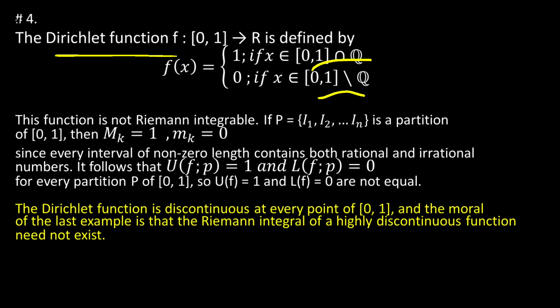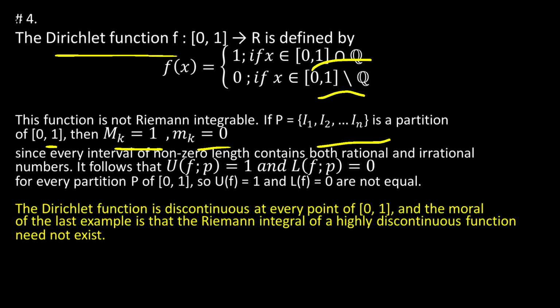This function is not Riemann integrable, by a key fact: if you take a given partition in this interval, then you'll find the supremum is equal to 1, but the infimum is equal to 0.